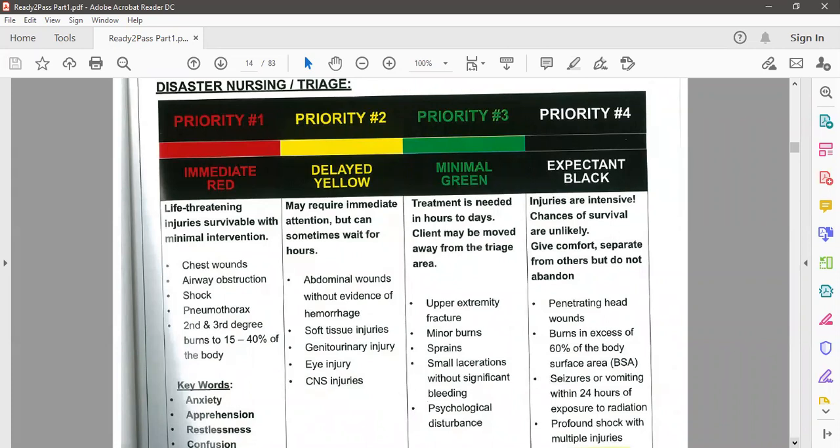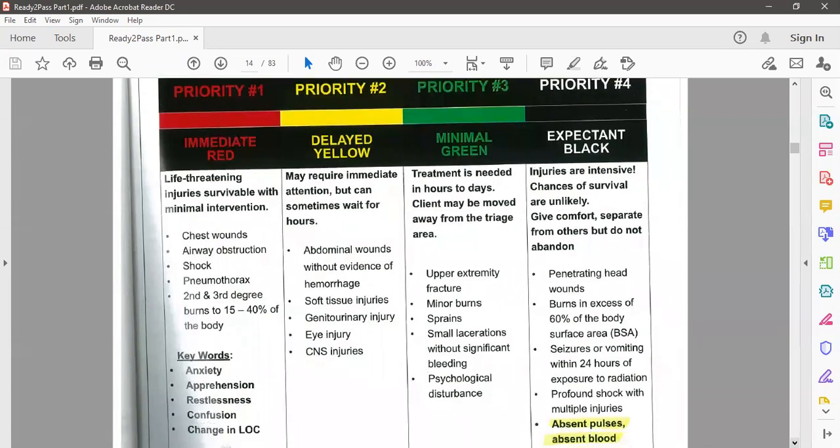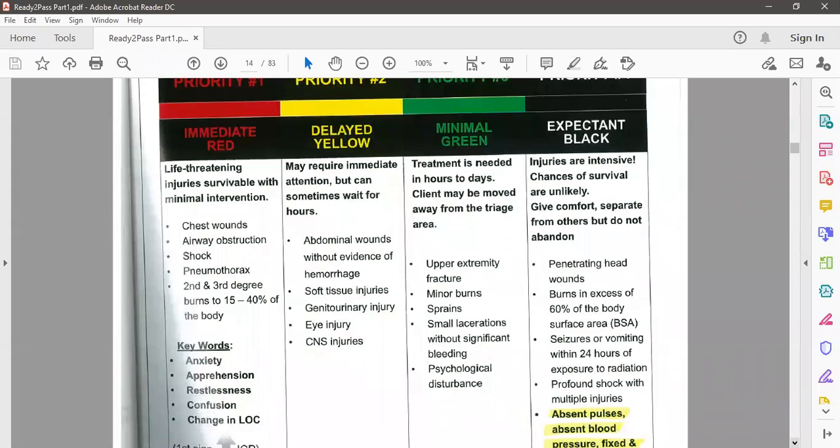Examples are penetration in the head or head injury, chest crush injury, burns involving more than 60% body surface area, or seizure or vomiting within 24 hours of exposure to radiation. Like a patient in a road traffic accident with a very bad head injury who has a seizure and vomiting within 24 hours, there is less chance of survival.